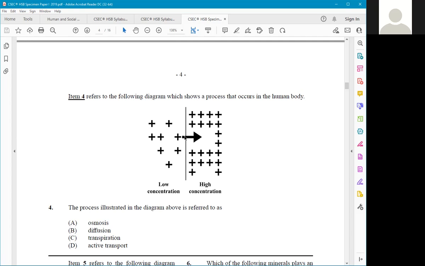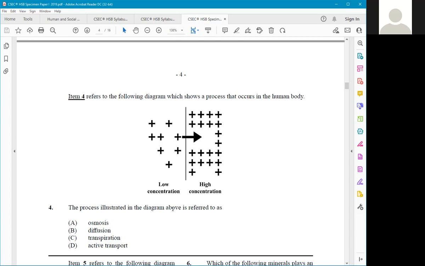But if you remember carefully, when you're moving ions against a concentration gradient across a membrane, that would have to be active transport, and it would require energy. So the correct answer in this case is D, active transport.